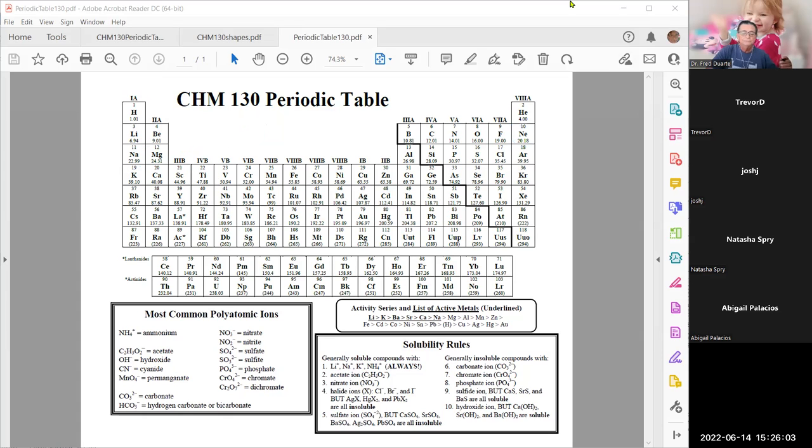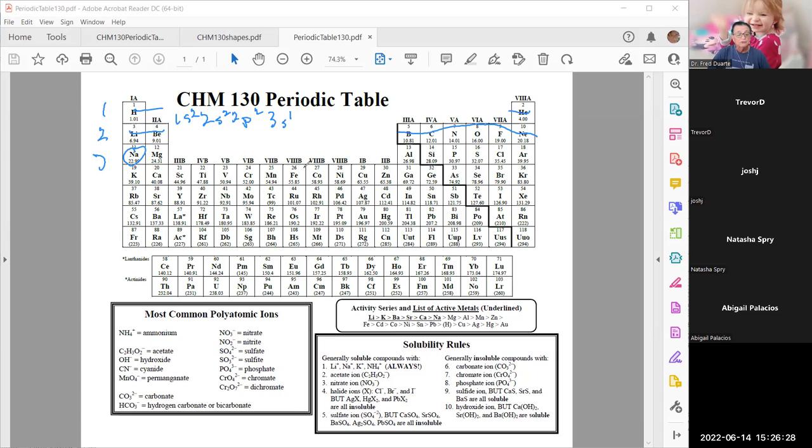Let me demonstrate both shorthand and longhand. So we've got sodium here. We've got 1, 2, and 3. Longhand will be 1s2, go across, and then 2s2, 2p6. So we're going across here, here, here, and then 3s1.